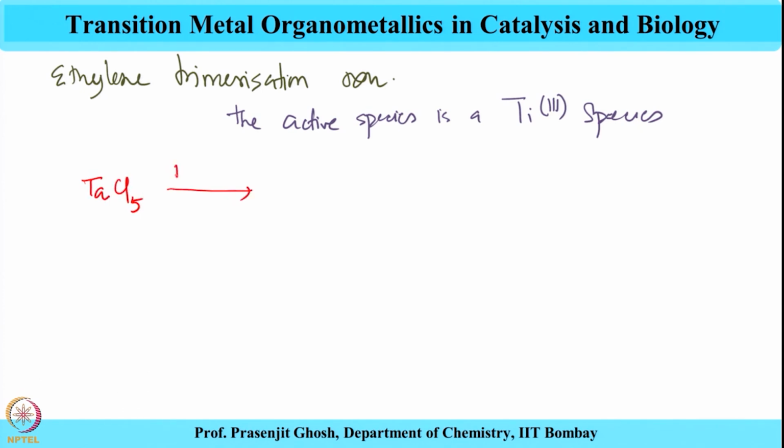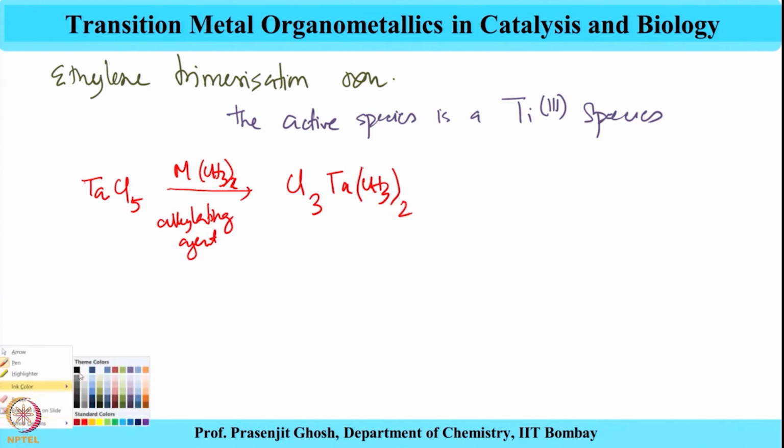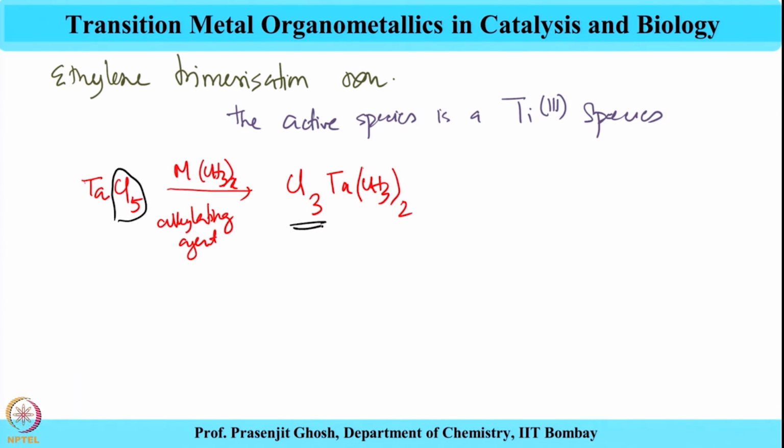In the presence of an alkylating agent, it gives Cl3Ta(CH3)2. So, it is partial alkylation that occurs: the pentachloride becoming trichloride and two methyl groups. So, this is partial alkylation which occurs to get this tantalum 5 species.